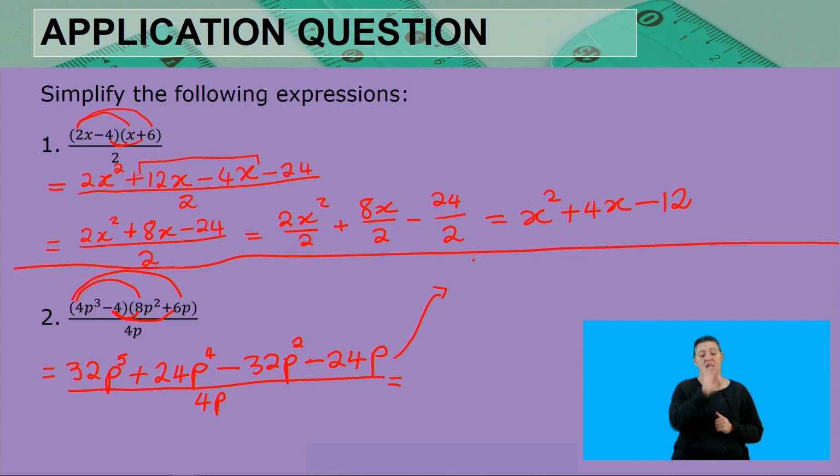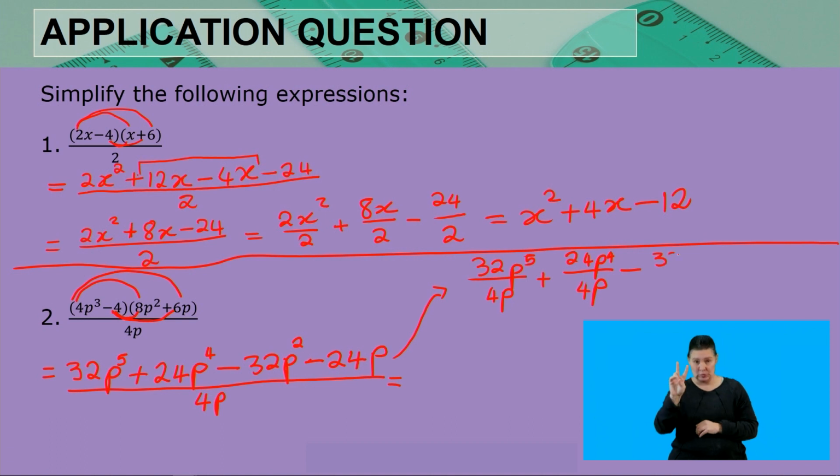We are going to say now 32p exponent 5 divided by 4p plus 24p exponent 4 divided by 4p minus 32p squared divided by 4p minus 24p divided by 4p.